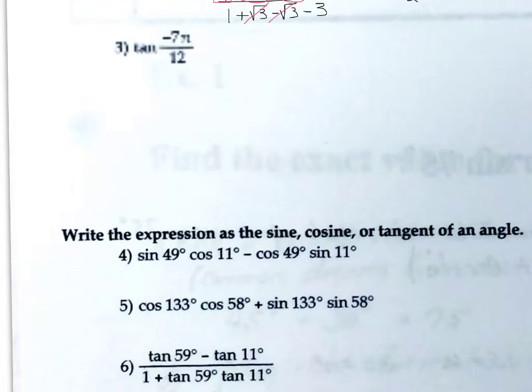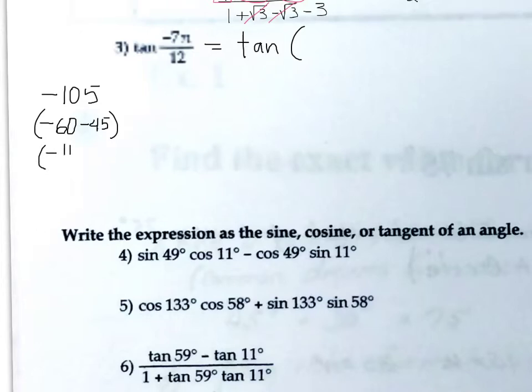So here, I'm going to say this is the same thing as tangent of negative 105. Which two angles can we use here? Same thing, 60 plus 45. You mean negative 60 and negative 45? Right? And negative 60 in radians would be what?